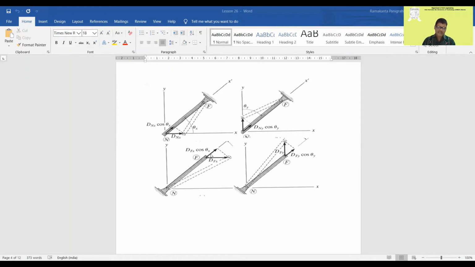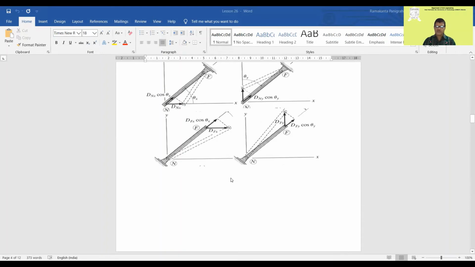You will find here this side it will be cos theta x. Cos theta x is equal to this by this. So if it is dfx, this will be dfx cos theta x, right? Similarly, if it is dnx, it will be dnx cos theta x. So in the global direction, the displacements are capital D. Small d is for the directions in the local axis.